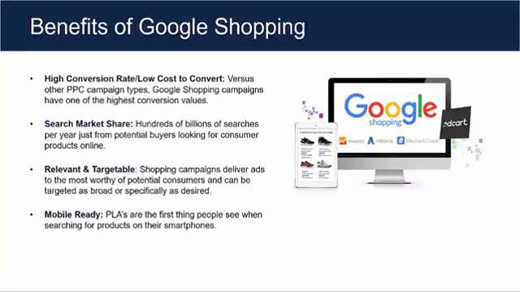They appear before organic listings and above any other paid listings. And they work just like PLAs on the main Google search engine. You search for something, you click on something, it gets to one of your product pages. And if you have a mobile website or a mobile optimized site or even mobile friendly site, you can certainly increase your chances of getting sales on mobile devices as well.